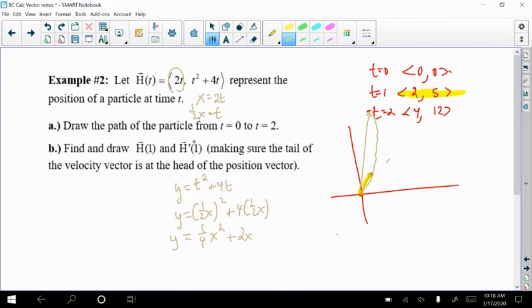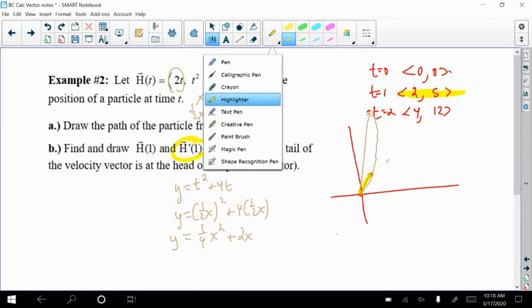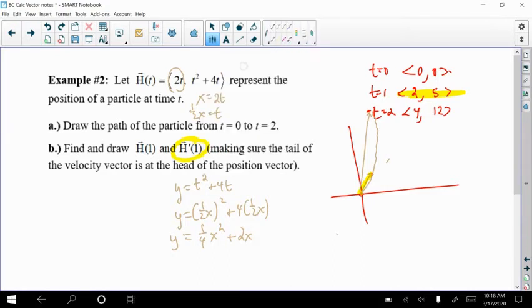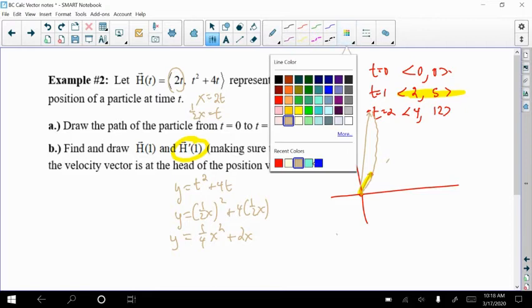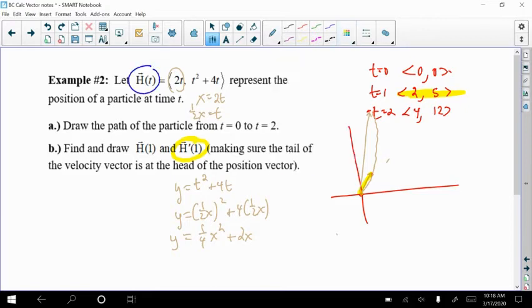If I want to find the derivative at 1, I'm going to start that vector where that one ended because it should, I guess, visually show us that tangent line. Okay, so first of all, let's just get the derivative as a function. Let's find h prime.